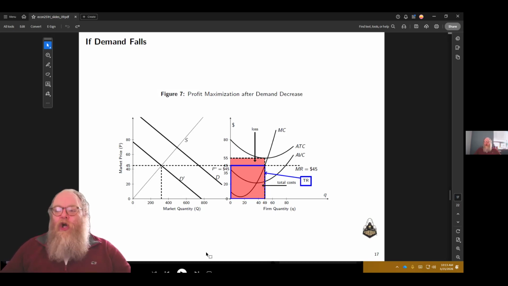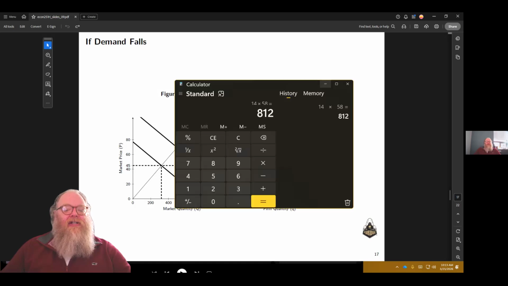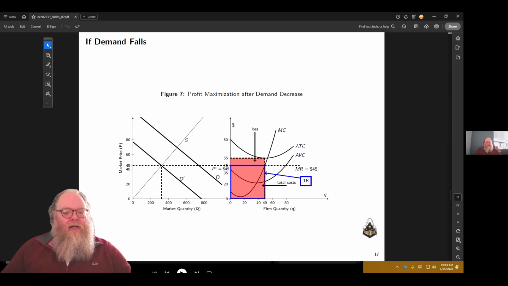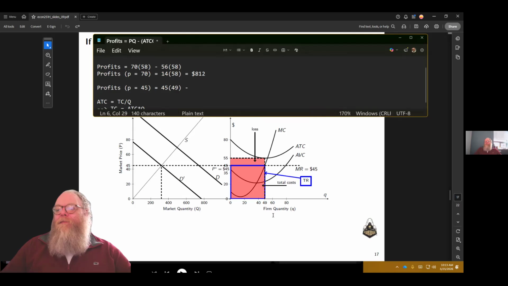Now, we go to calculate profits the exact same way that we did before. Let me bring the notepad up here. Okay, so at a production level of 49 units, the firm has ATC of, as we can see here, $55. So we have $55 for ATC times the 49 units for the profit maximizing level of production.